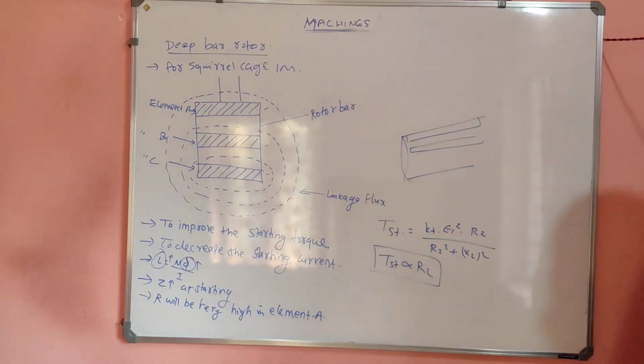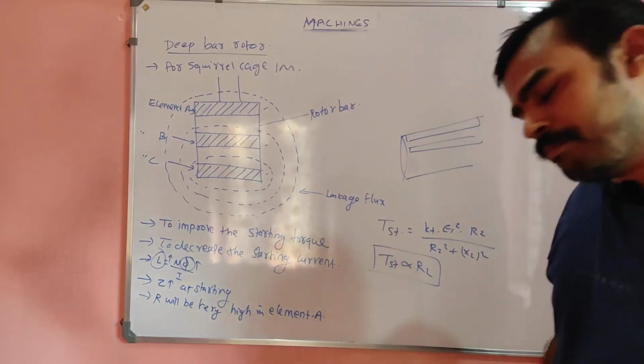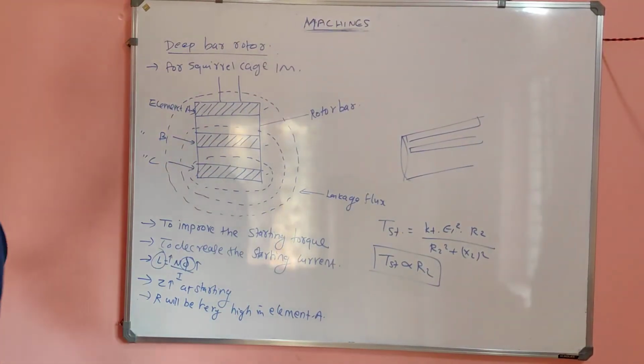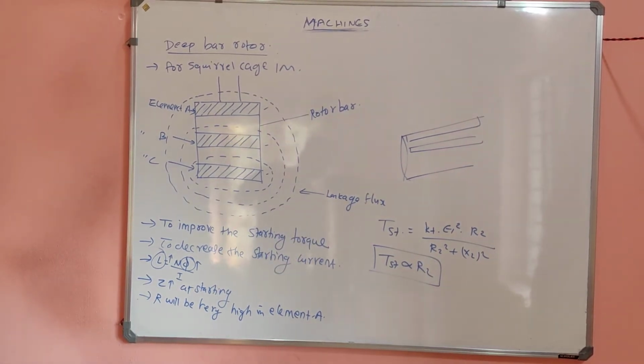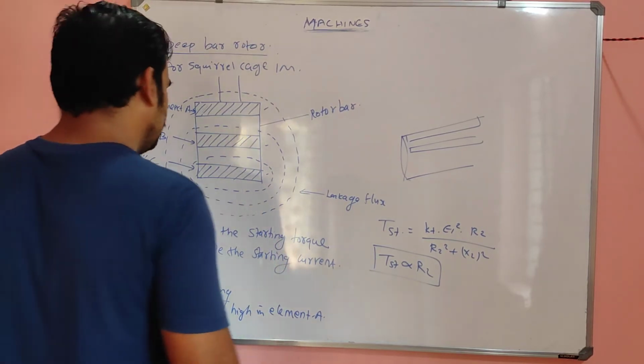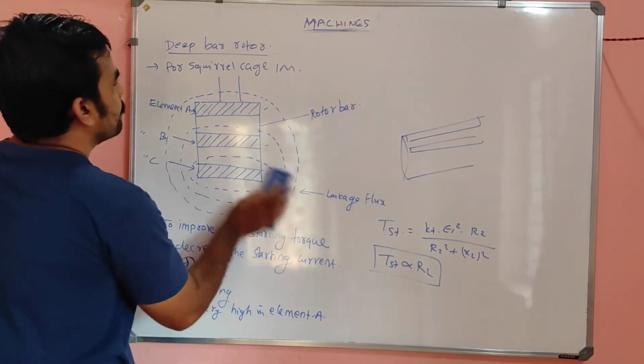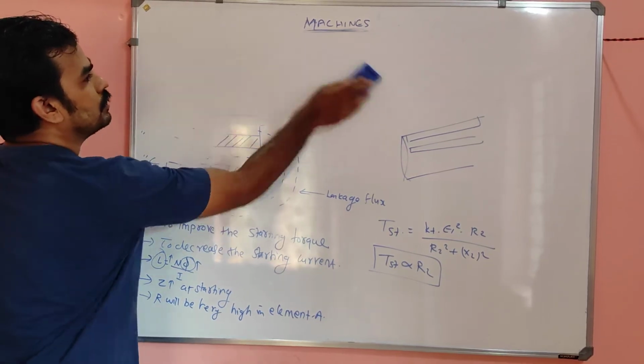These are all theory sessions actually, but questions are normally asked from this area because it's that much important, my dears. Okay, is it clear? So that's all about deep bar rotor.